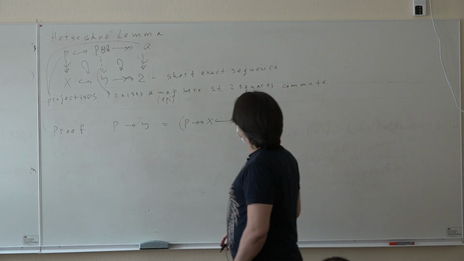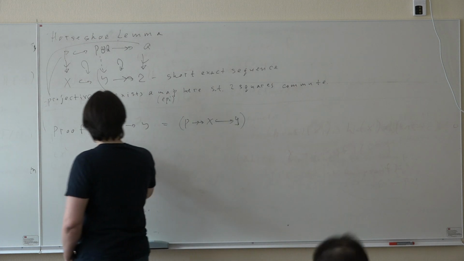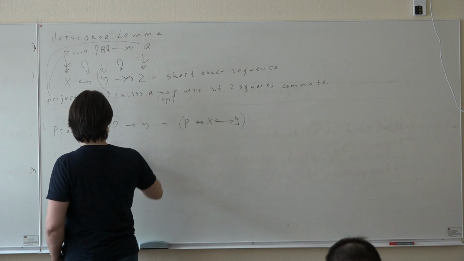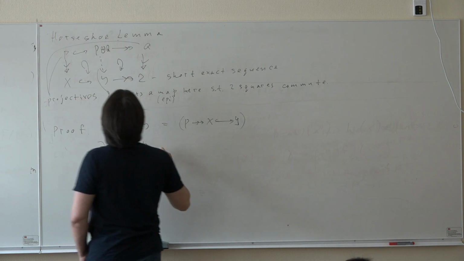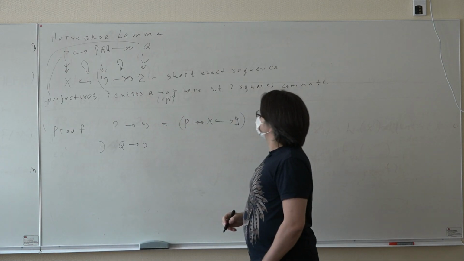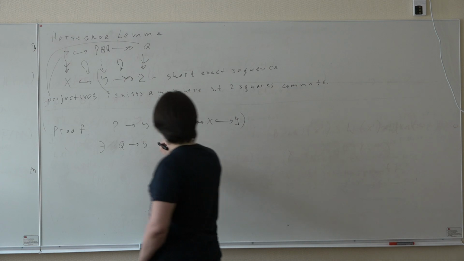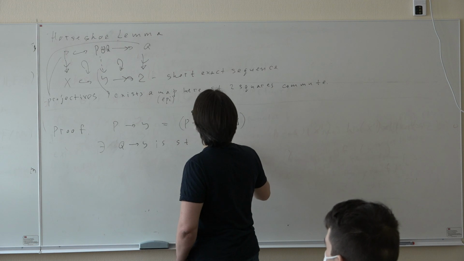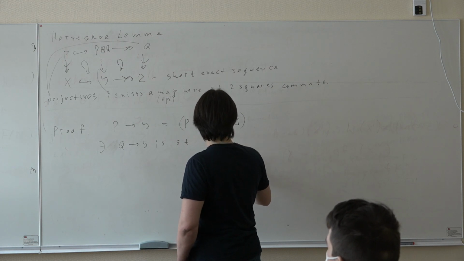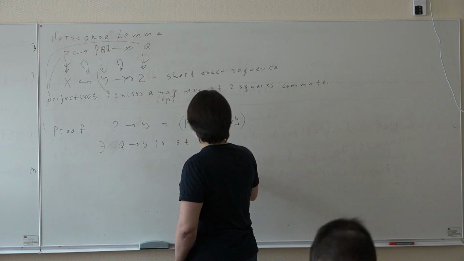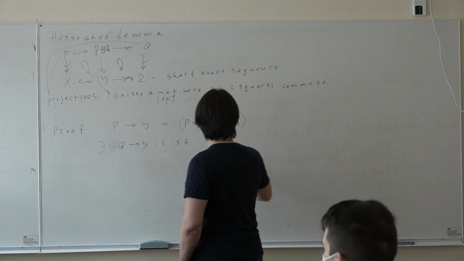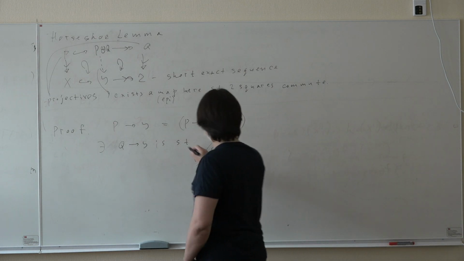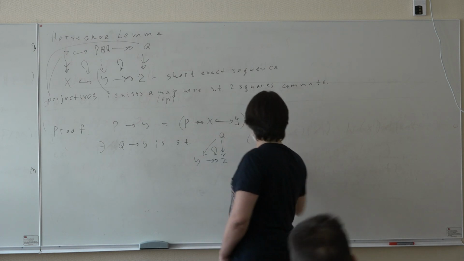And the map from Q to Y is simply such that Q to Z commutes, it's trivial to check, and it exists because Q is projective.